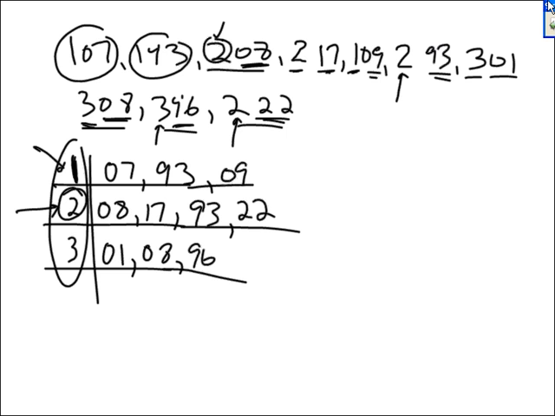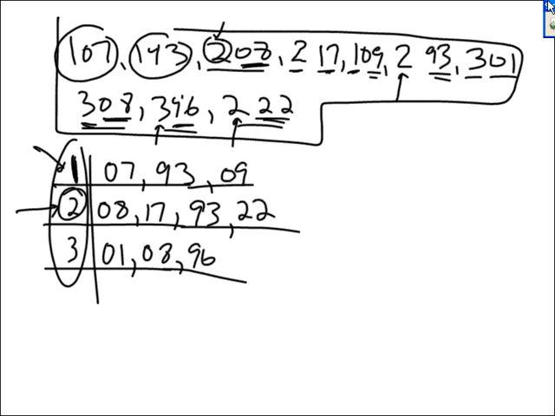I went to the stem that was 2. And this is how you would write a stem and leaf graph for those numbers. In other words, I didn't even have to start you off with the 1, 2, and the 3.